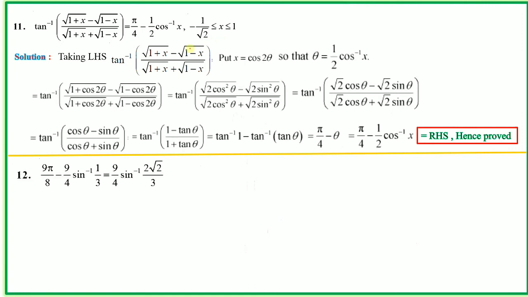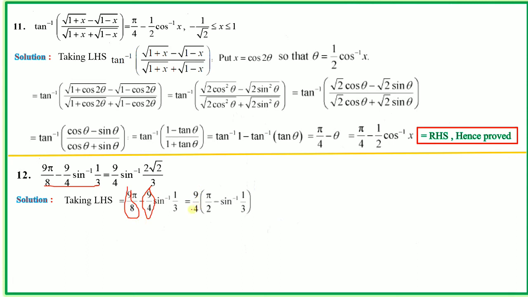Next question, 12th: 9 pi by 8 minus 9 by 4 sine inverse 1 by 3 is equal to 9 by 4 sine inverse 2 upon 3. For this solution, let us start by taking the left hand side, that is 9 pi by 8 minus 9 by 4 sine inverse 1 by 3. 9 by 4 is present in both, so we'll take it common.